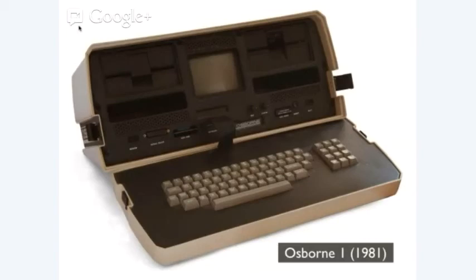The keyboard would be attached to the rest of the computer, and then it had a handle on the other side. There were very thoughtful storage slots for your floppy drives. There was a modem port, and it ran its own operating system with applications. Once again, a pioneer that was a failure in the market.